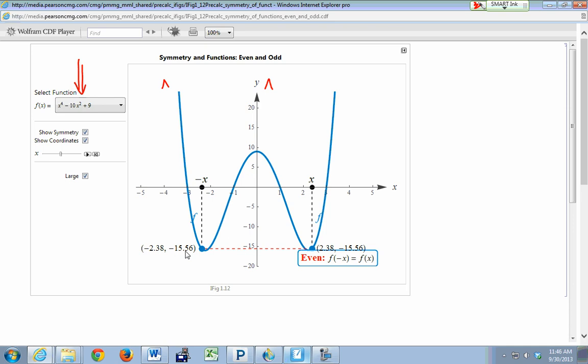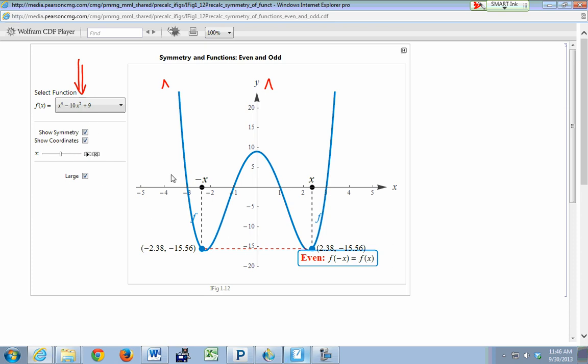So mathematically, how we define an even function is right here. If the output of the function is equal even if you take the opposite of the input. So if I take a number and plug it into my function, and then I take its opposite and plug it into the function, the output values are the same.